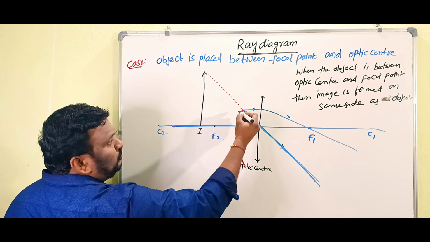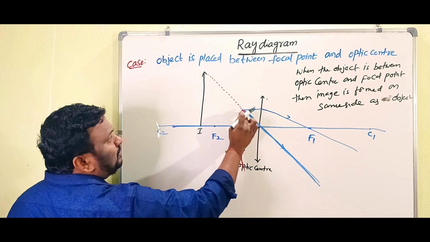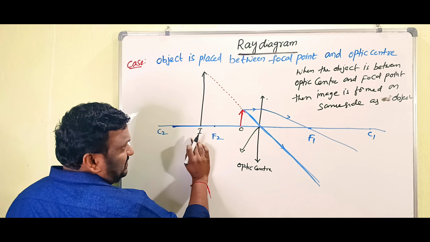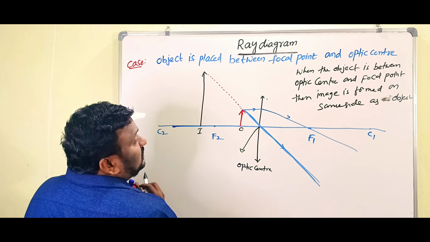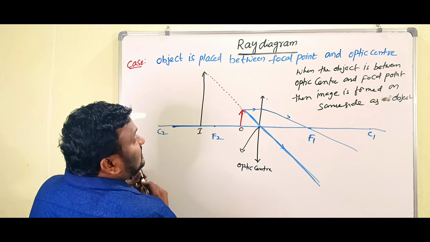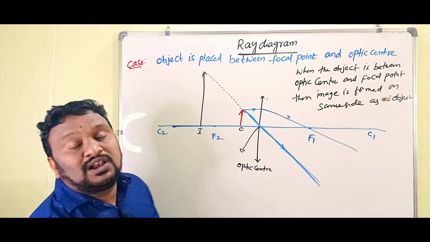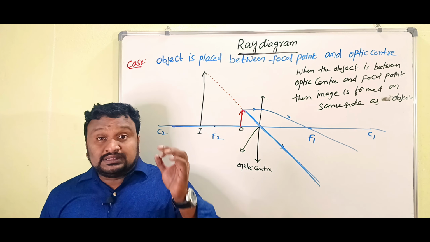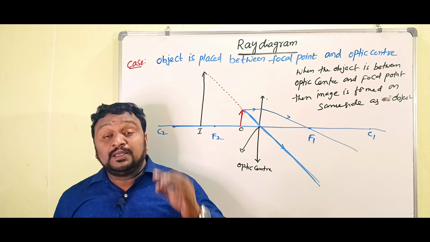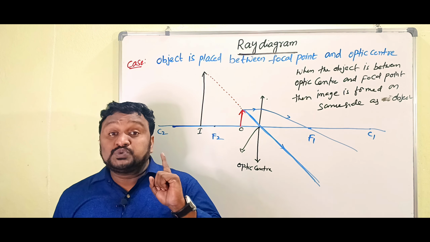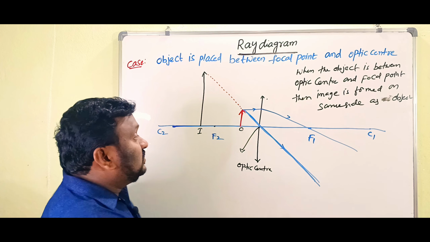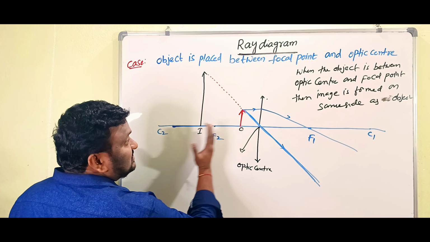Here we are extending the refracted rays backward, and then we get the image. The image we get by extending the refracted rays is called a virtual image. Here this is the virtual image on the same side.